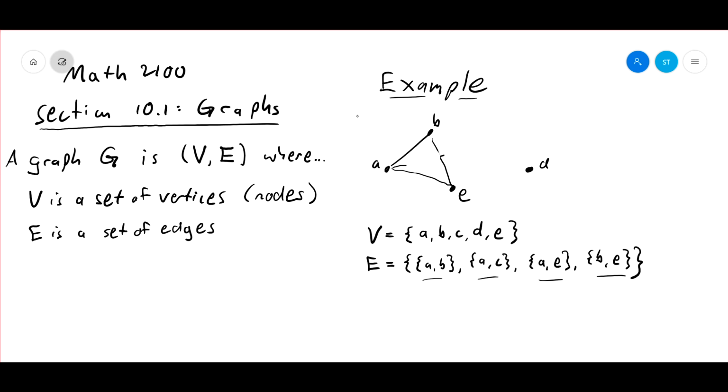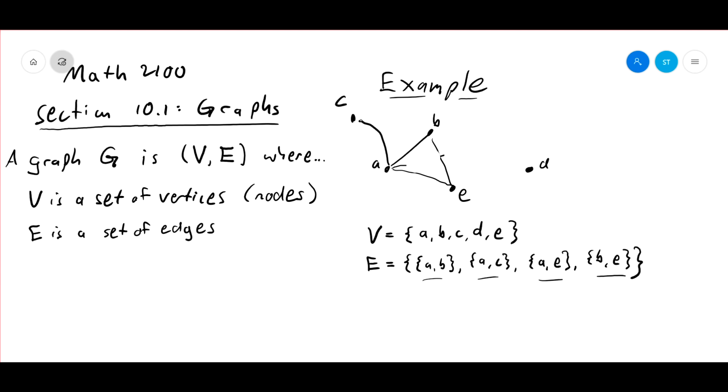Let's say I draw the C over here, right? And then that edge from A to C, I'm going to move it and put it there. This is still the exact same graph that I had before. I haven't changed it. I've changed the way that it's represented, but I haven't changed the graph itself. It's still the exact same mathematical object.